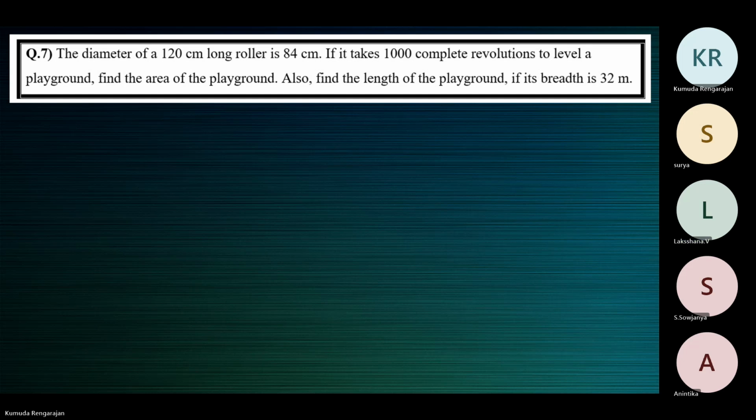The CSA. When a cylinder rolls over the ground, the curved surface area is what comes in contact with the ground. The circular faces don't rub against the ground.